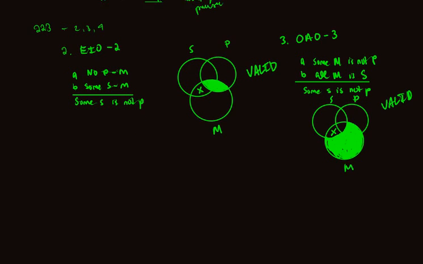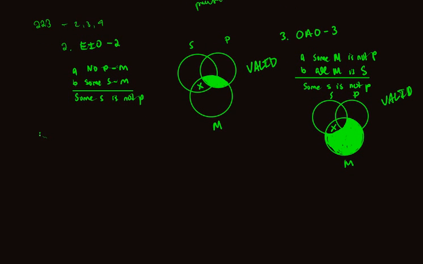All right, so let's do number 4 over here, and I'll just label my premises real quick. All right, and number 4 is AOO. So that's an AOO4.